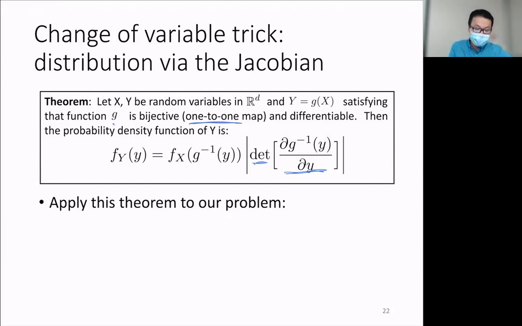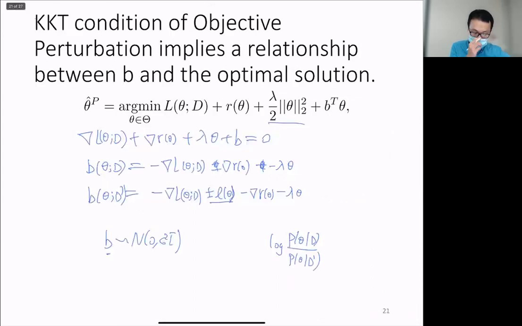Okay, so let's now try applying this change of variable trick to derive the distribution of theta using the distribution of b. So Y is our b, with b drawn from a normal distribution, and we're interested in the distribution of theta. Check from the previous formula that this function is actually our g inverse, because it takes theta and outputs b.